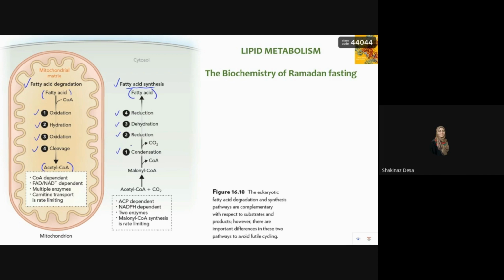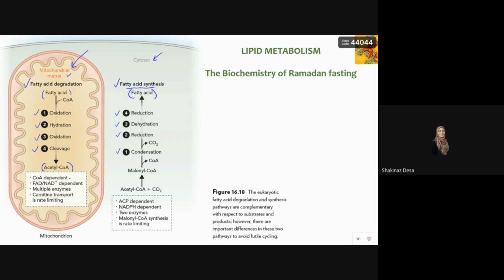If you compare the two, the major thing that we can observe right here is the location of the process. For fatty acid degradation, it is in the mitochondrial matrix, whereas for fatty acid synthesis, it occurs in the cytosol. Lokasi pun berbeza. Okay, apa lagi yang berbeza?